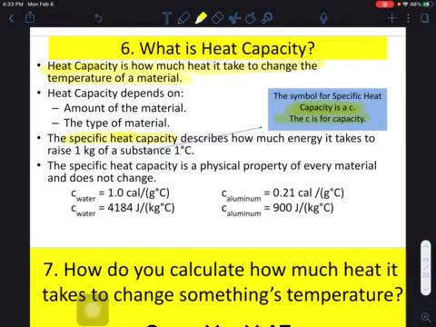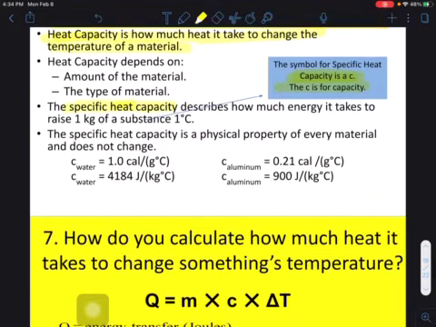That means people are talking about the same thing. It's how much energy it takes to raise 1 kilogram of a substance 1 degree Celsius. It's a physical property, which means it doesn't change no matter how much of that material you have. The specific heat capacity is the same.